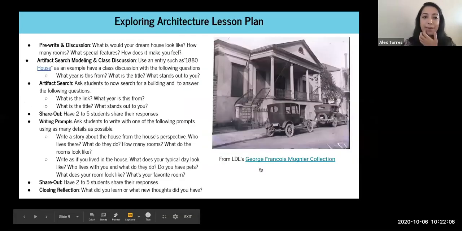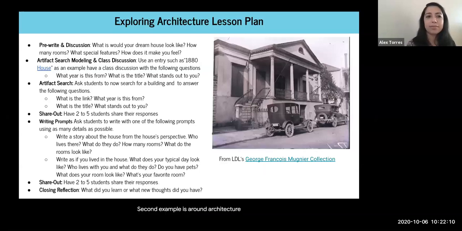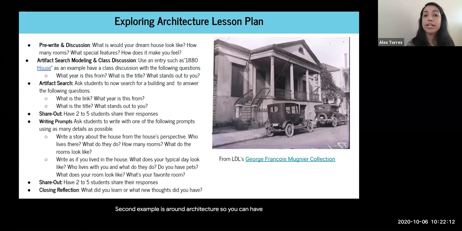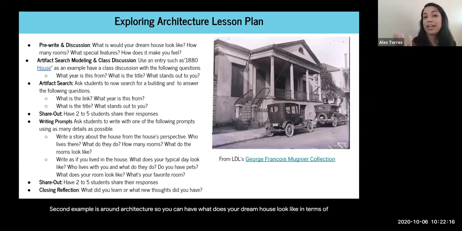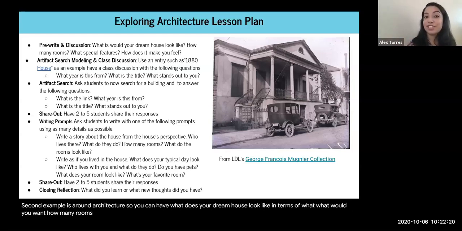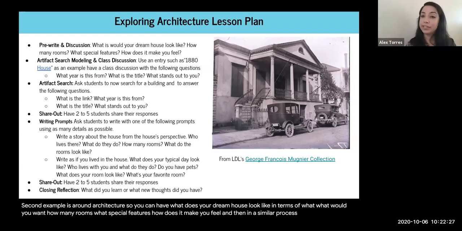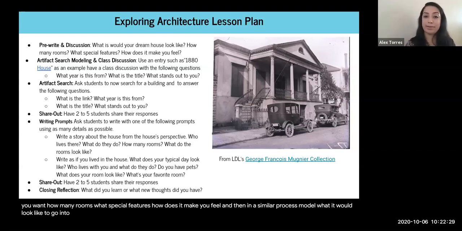A second example is on architecture. So you can have, what does your dream house look like? What would you want, how many rooms, what special features, how does it make you feel? And then in a similar process, model what it would look like to go into the database and find what is there, right?